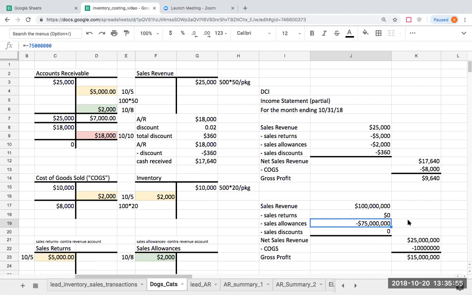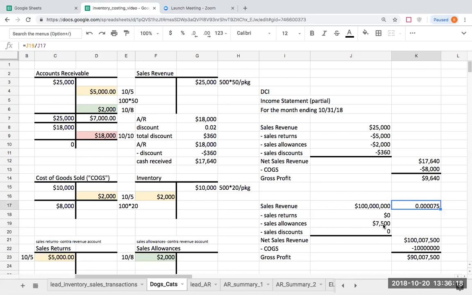If the sales allowance is almost 75% of total sales, that is material. As opposed to something like $7,500, where it becomes immaterial because it's a fraction of a cent.